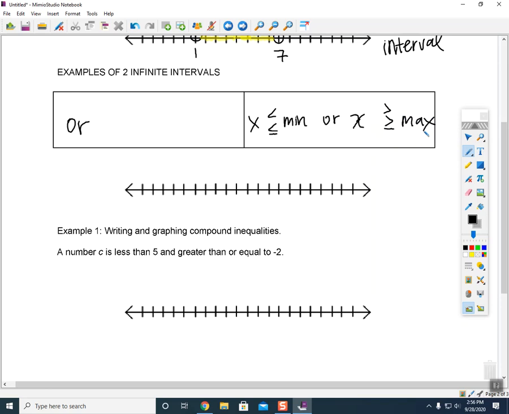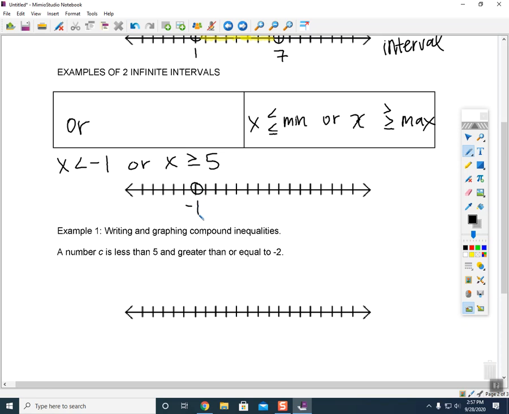Okay, so let's say that I have x is less than -1, or x is greater than or equal to 5. I'm going to have an open dot on -1 because it doesn't include -1.